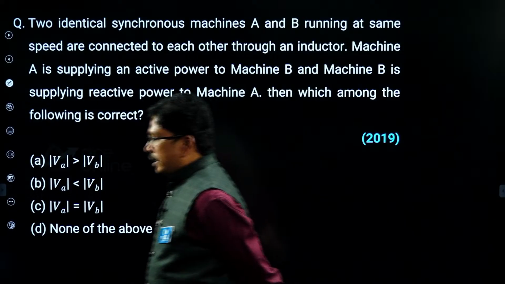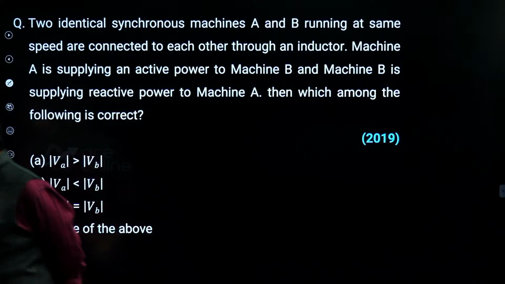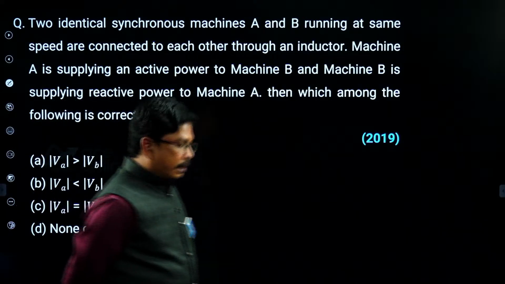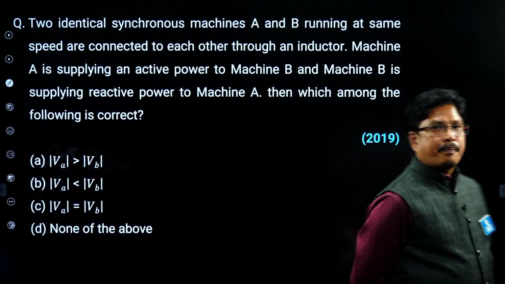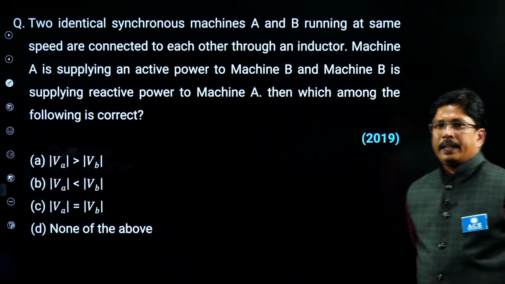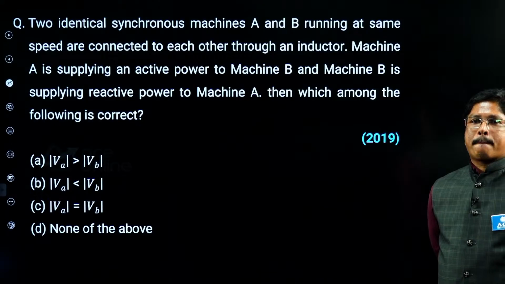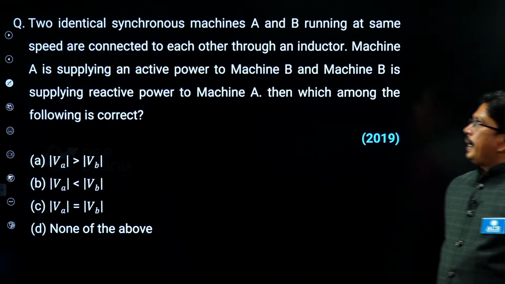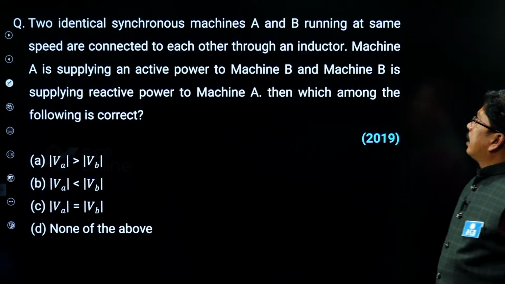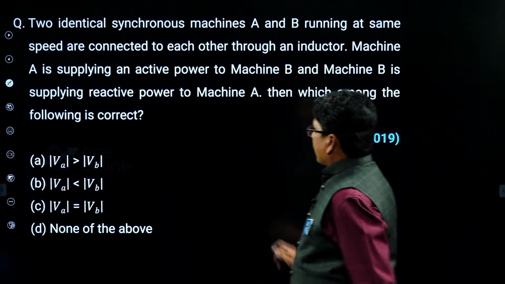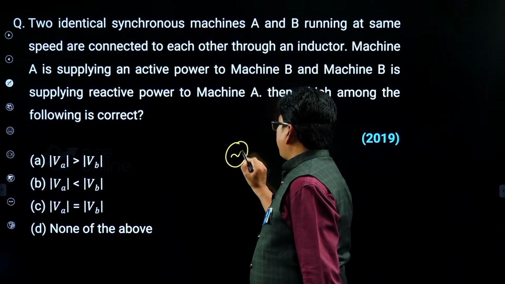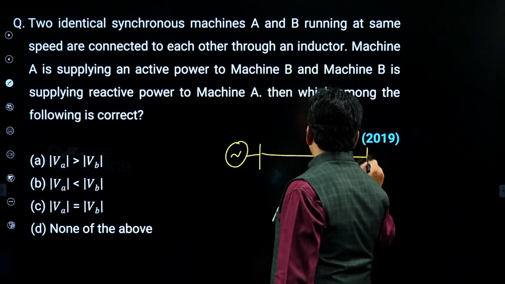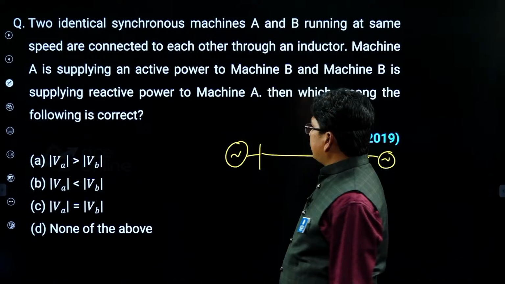Students, any answer here? Similar type of question already we have discussed. Two identical synchronous machines A and B running at same speed, right? So this is one machine, this is one machine.